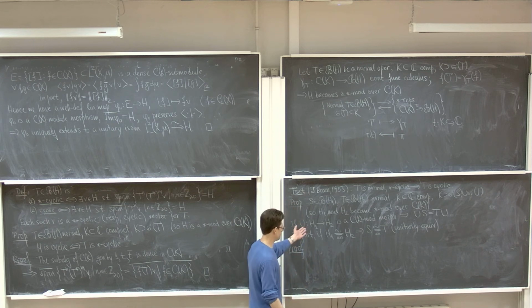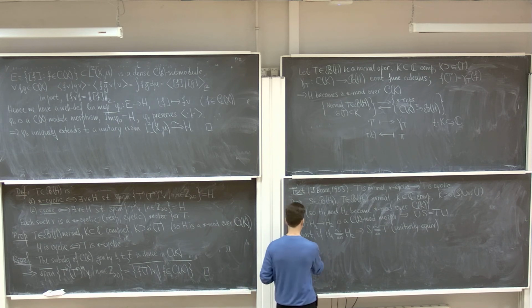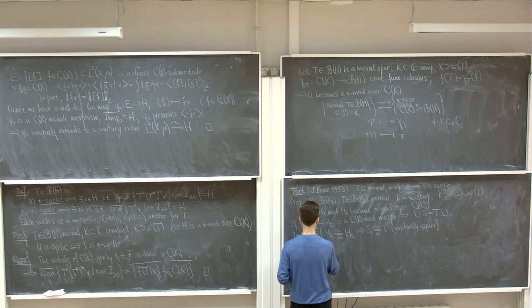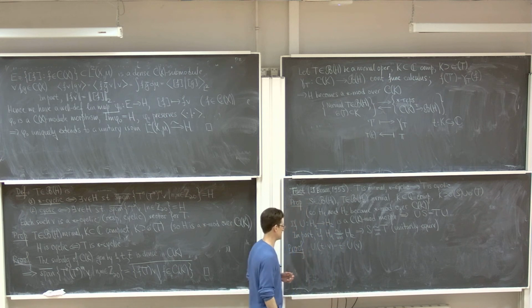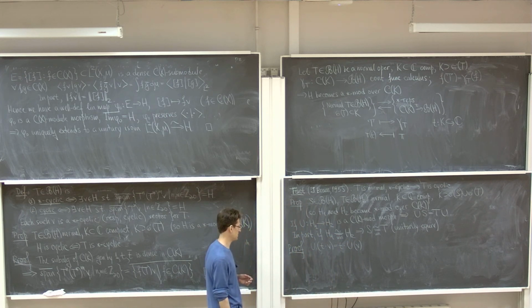Since U is a C of K module morphism, we have in particular the following identity, where little t is as usual the inclusion map of K into the complex plane.